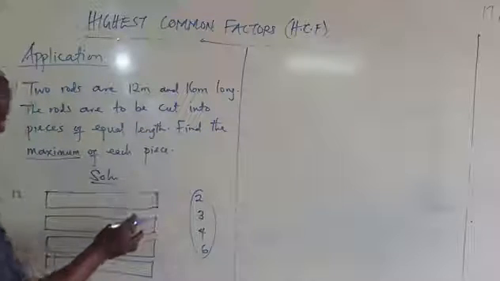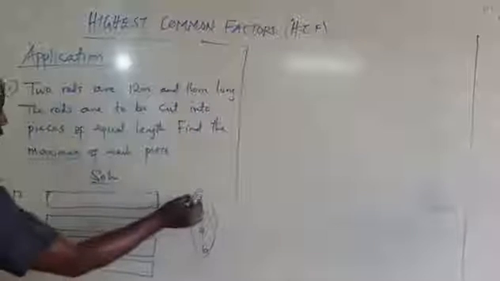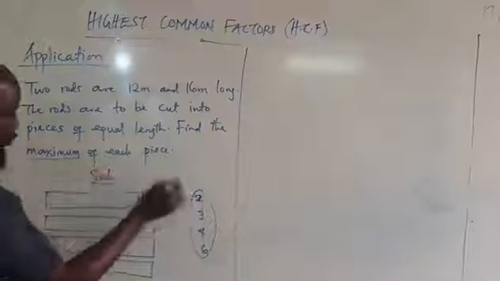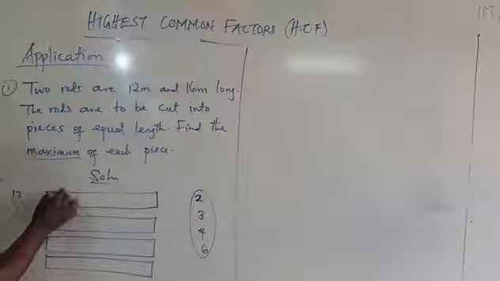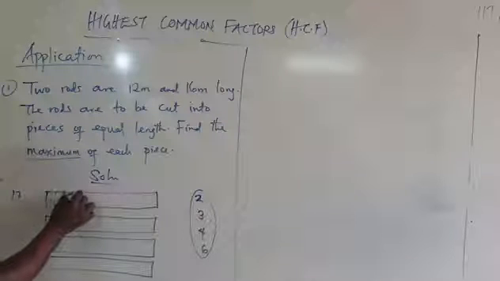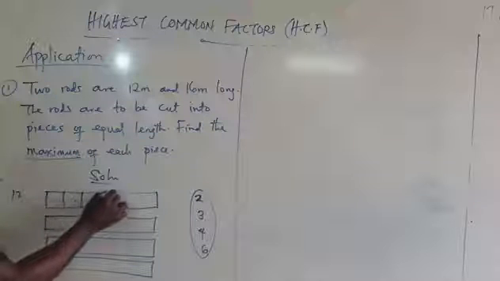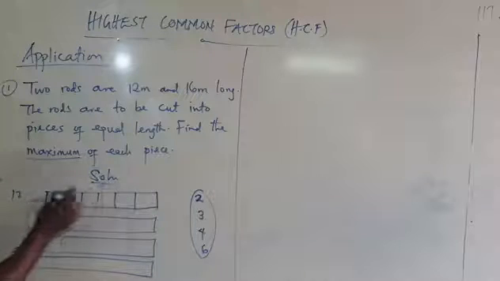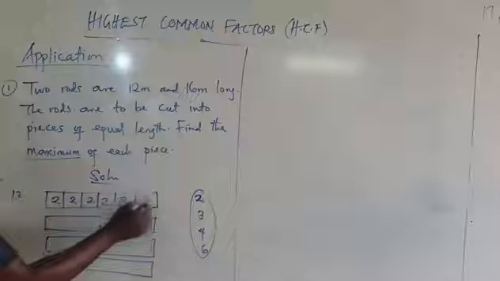This is the cord of 12, they are 12 meters long. Now we want to divide into 2, so each of the pieces will be what? 2 meters each. So we are going to divide this one into 6. So let's have 6. Good. 1, 2, 3, 4, 5, 6. That means 2 meters each.